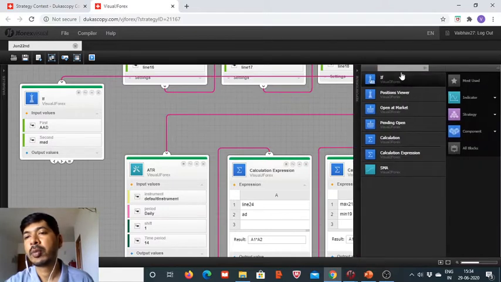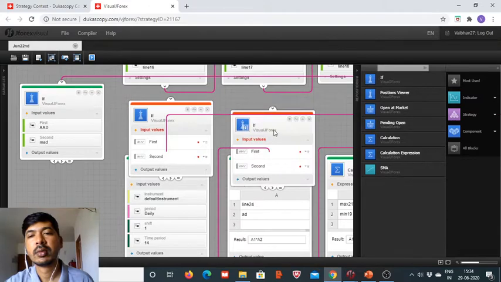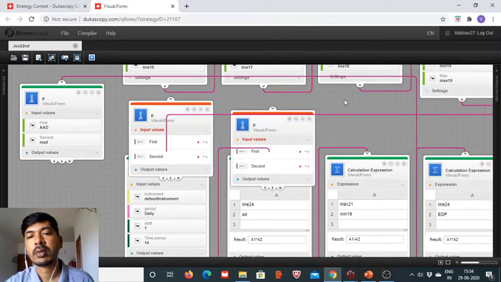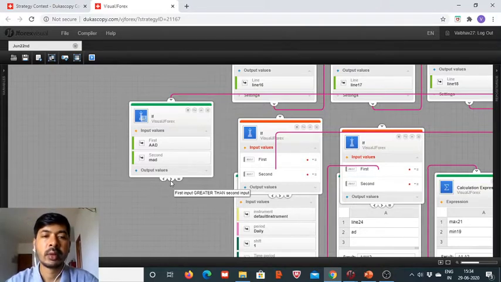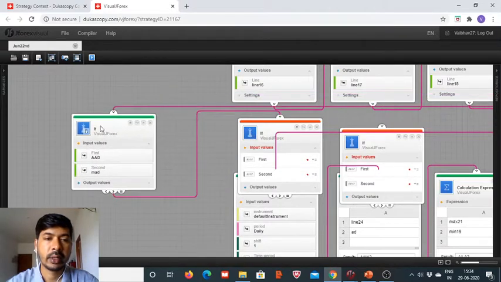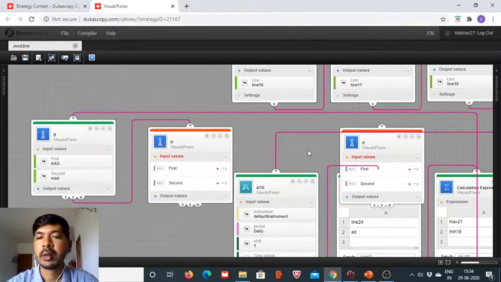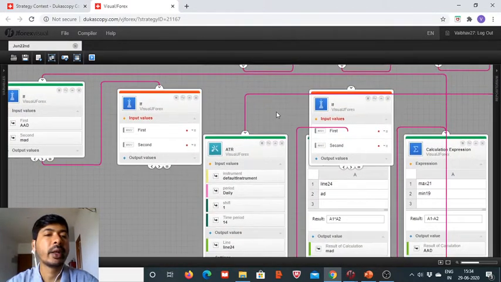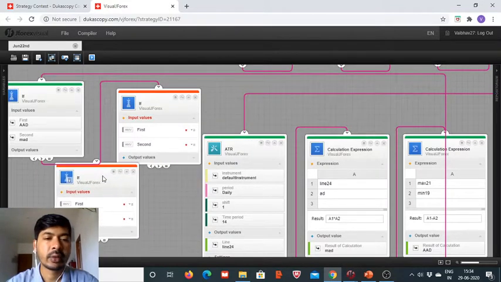We get a couple more if blocks, and here the first input should be greater than the second input.